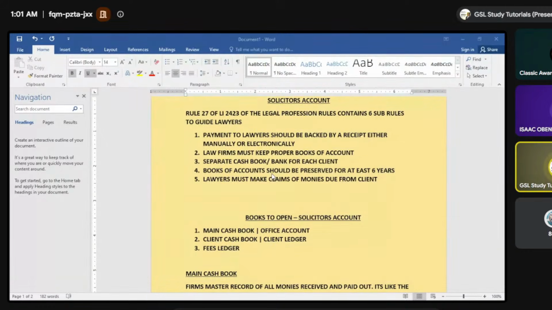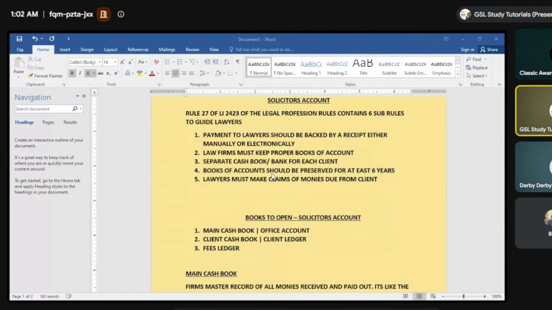The fees ledger is going to be on its own. Yes, it's going to be single. So keep these three tricks when you get to the exams on Friday, don't forget.